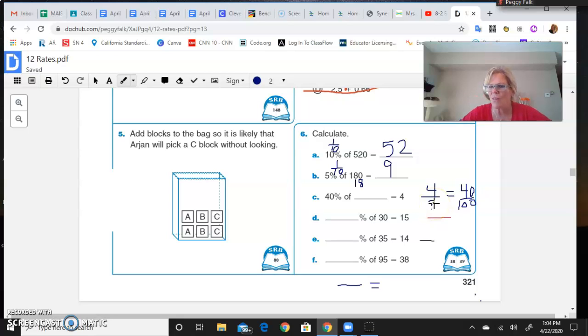In a fraction, that's my whole, and that's what I'm looking for here. So we have 2 equivalent fractions here. What am I going to multiply 4 by to get 40? 10. Now this goes back a few chapters. So what times 10 equals 100?